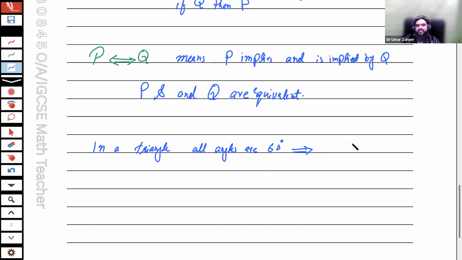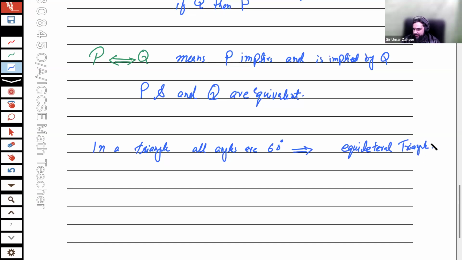If all the angles are 60-degree, which type of triangle is it? Equilateral triangle. Yes, it means that it is an equilateral triangle.